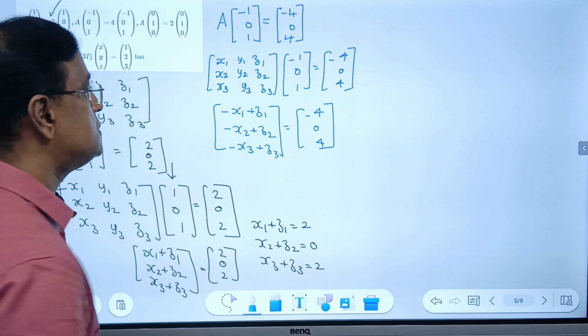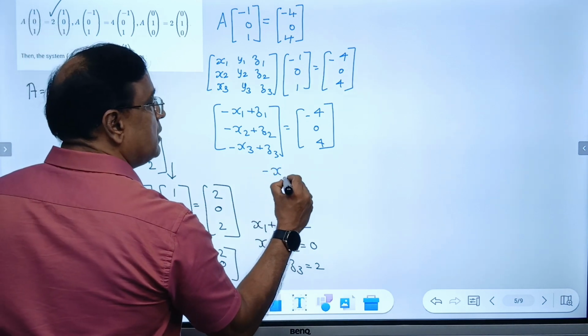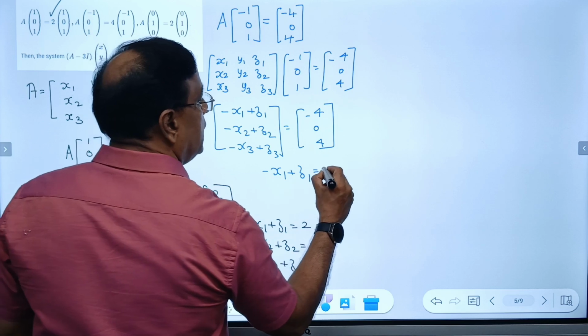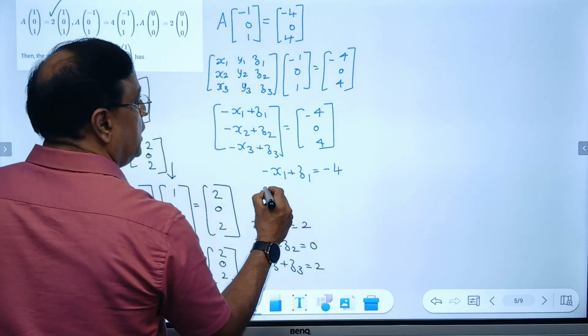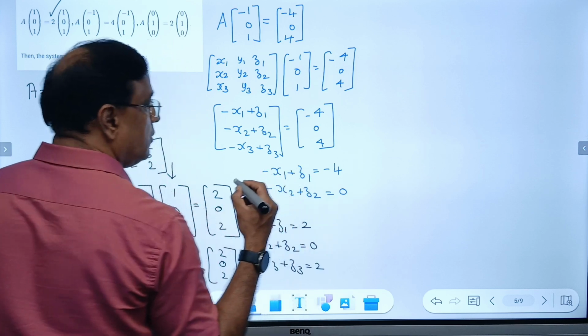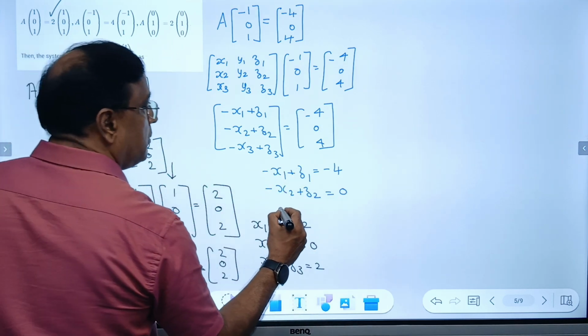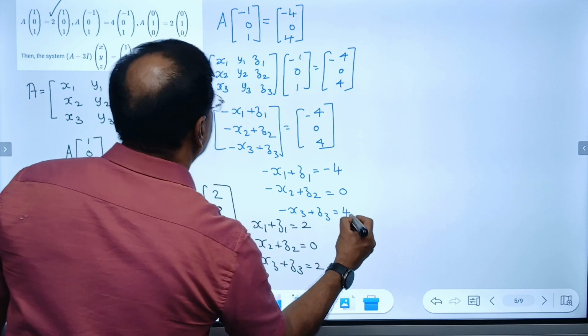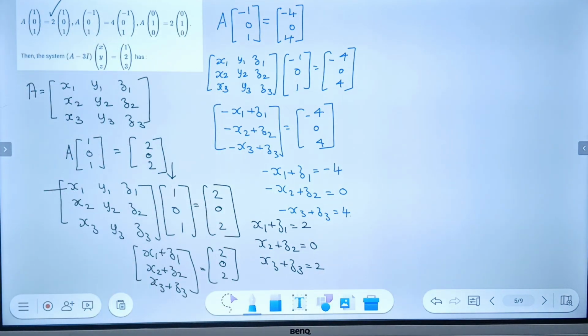Normal multiplication. So now what do you do? Minus x1 plus z1 equal to minus 4, minus x2 plus z2 equal to 0, and minus x3 plus z3 equal to 4. I hope it's correct.